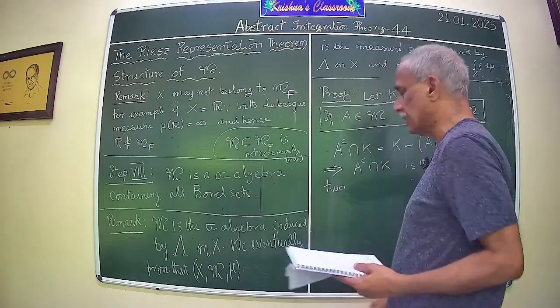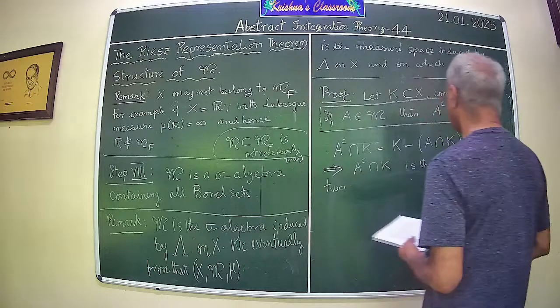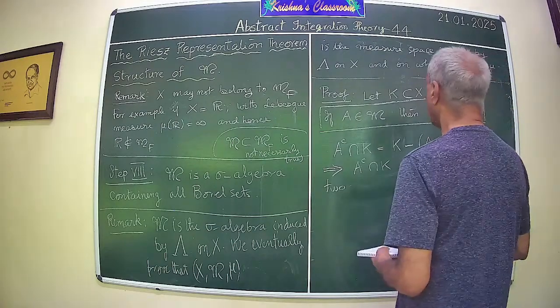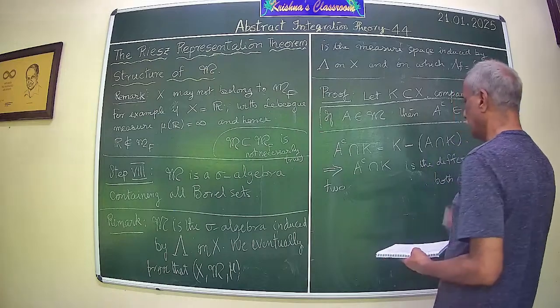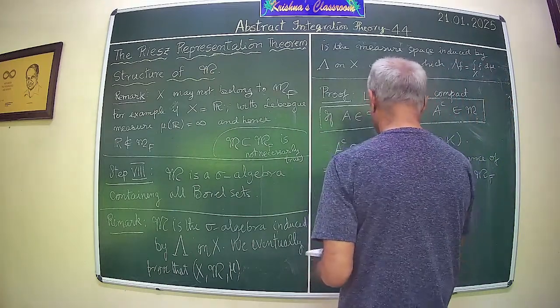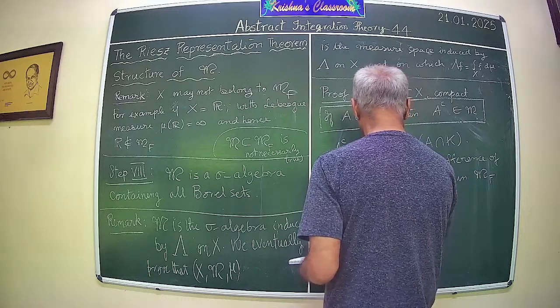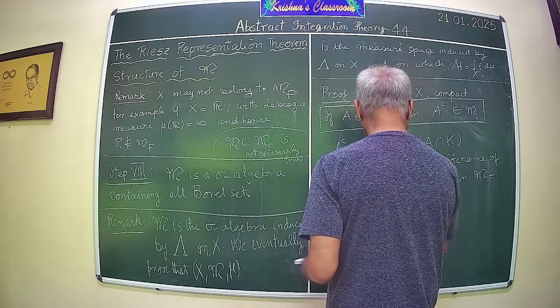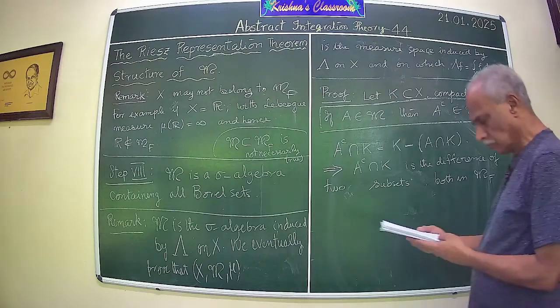But A intersection K is certainly in MF. So the difference of two sets, both in MF.